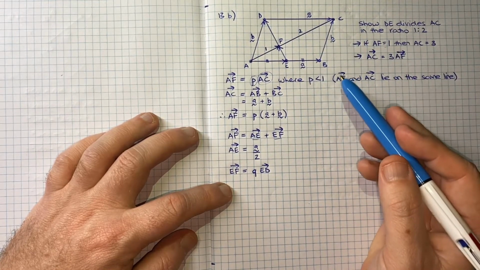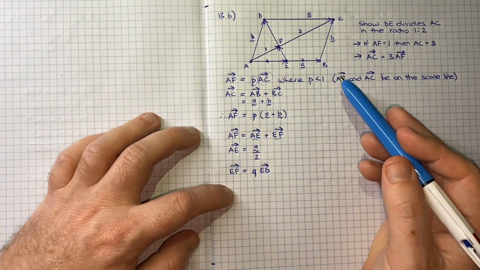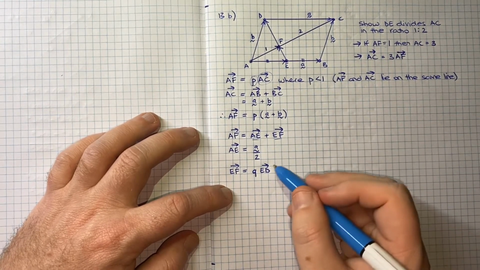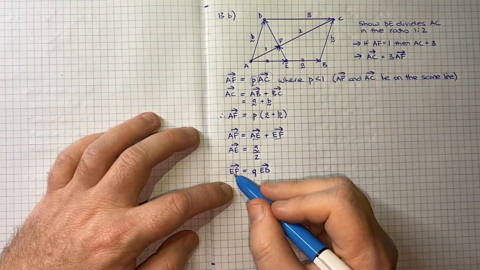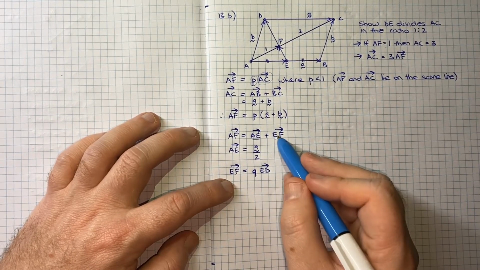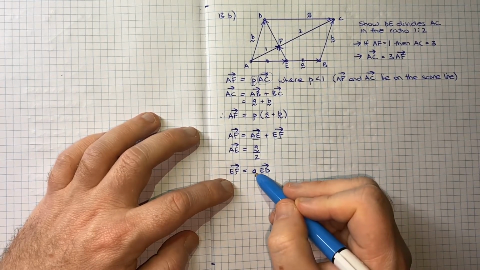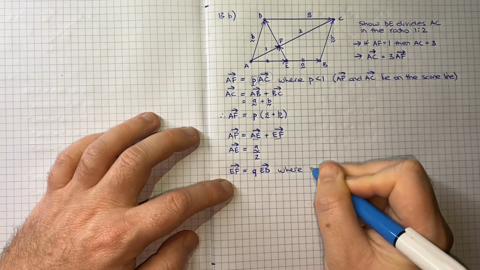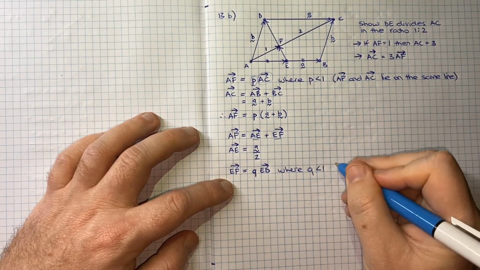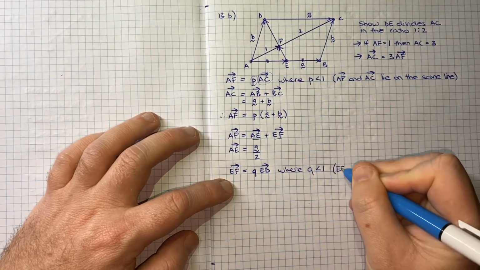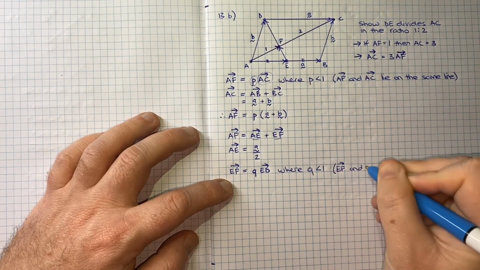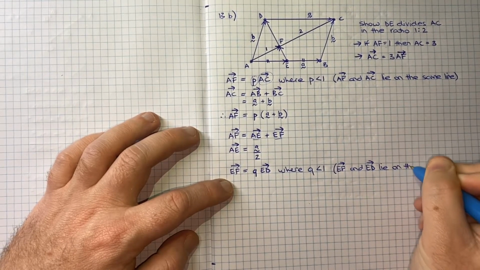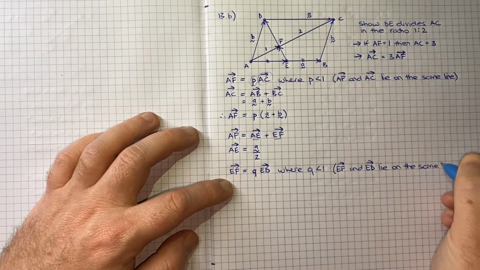That's the basic idea behind the strategy. So EF, which is what we want to put in here, is some value Q times ED, where Q is less than 1. And again, it's because EF and ED, those two vectors lie on the same line.